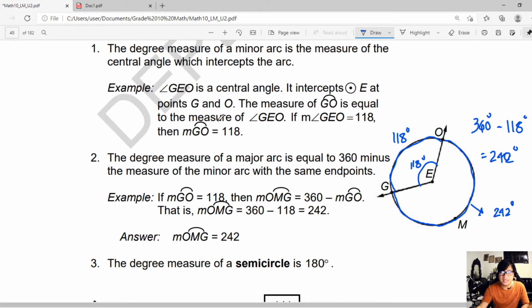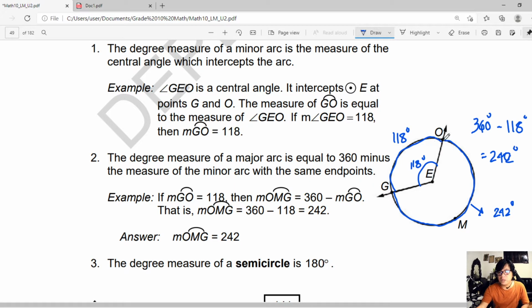Okay, review natin. The measure of the central angle is equal to the measure of its intercepted arc. So, example natin dito, 118 degrees yung central angle. So, yung intercepted arc niya, 118 degrees din.